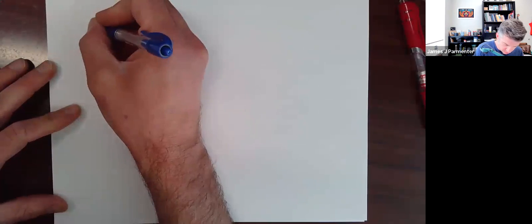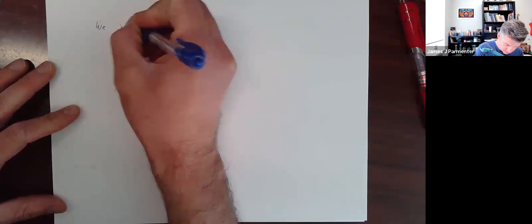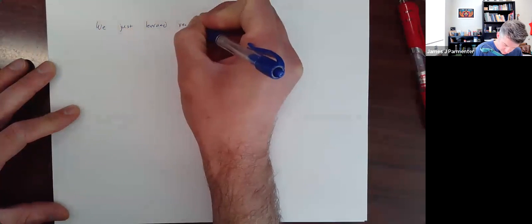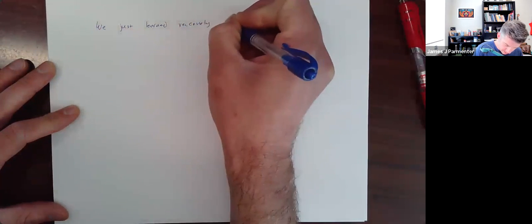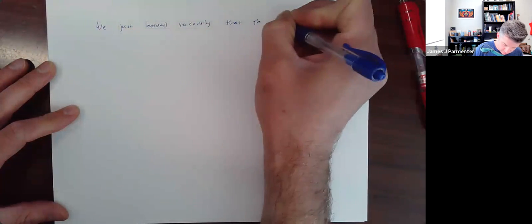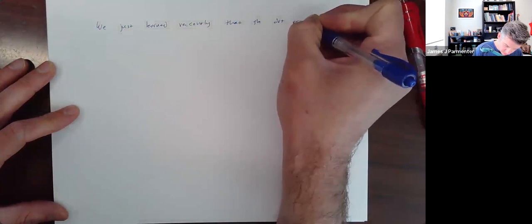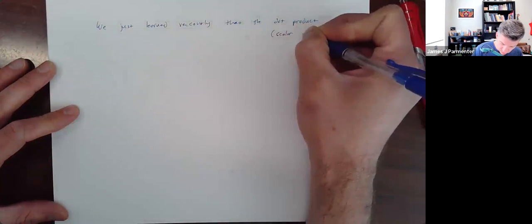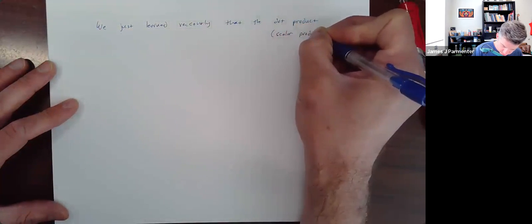So let's remind ourselves. I'm kind of on to a new section now, so I'm still following my format here. We just learned recently that the dot product, also called the scalar product, because when you dot two vectors together, you get a scalar output.